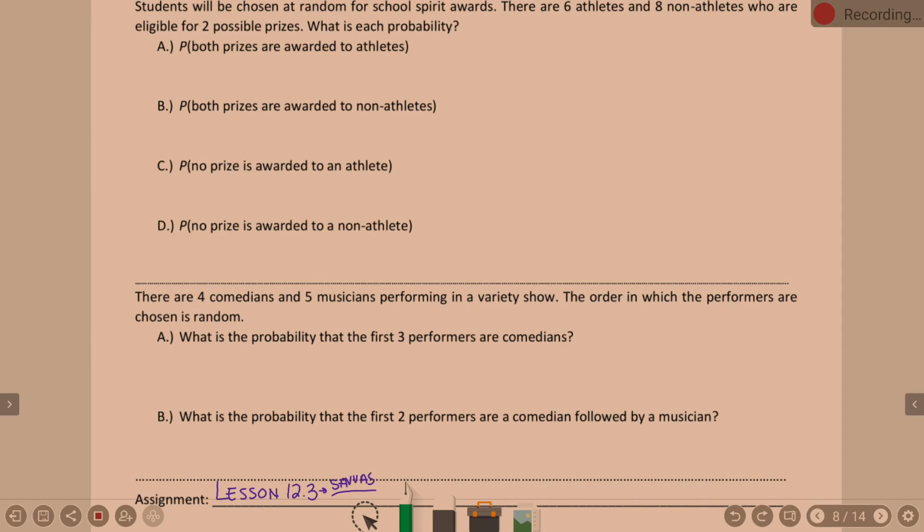We're picking from those 6 athletes and 8 non-athletes for 2 possible prizes. Right. It doesn't differentiate between the prizes, does it? So 2 prizes. We are, again, just sticking with combinations.